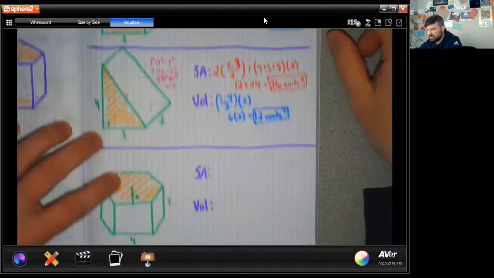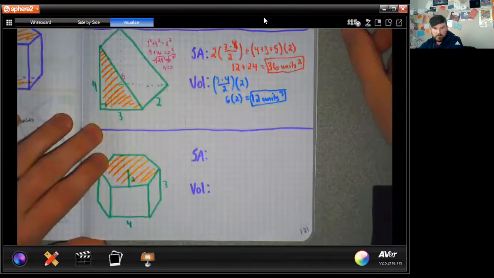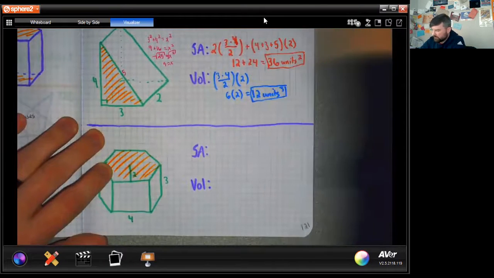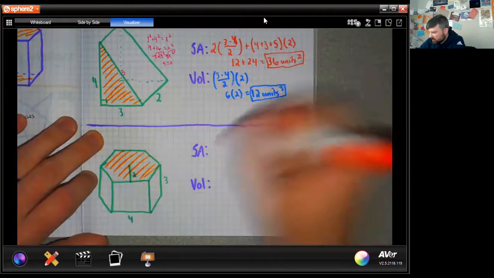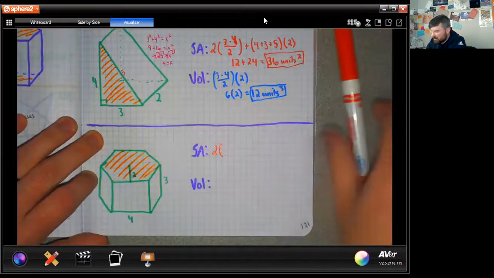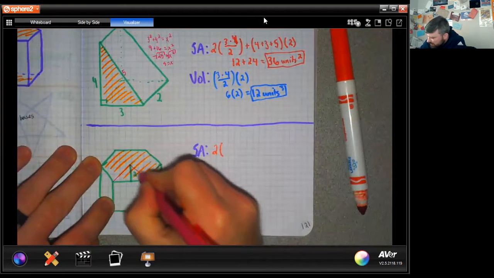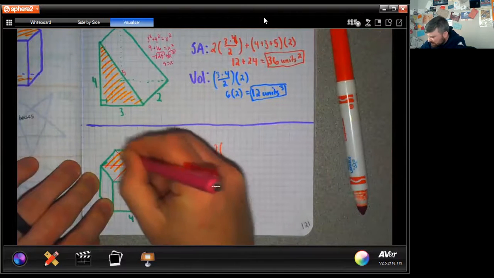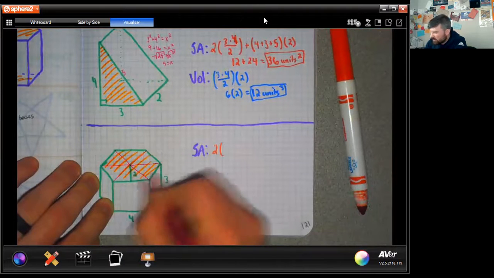So here in this hexagon, to find surface area, we've got this hexagon as the base. We're going to need 2 times the area of the base. Now, remember the area of the base, we found the area of this triangle here and multiplied it by however many sides that we had, which there are 6 of those triangles.